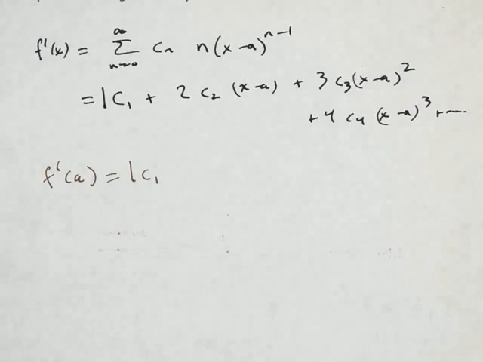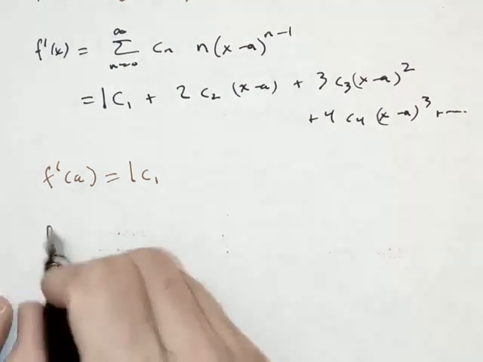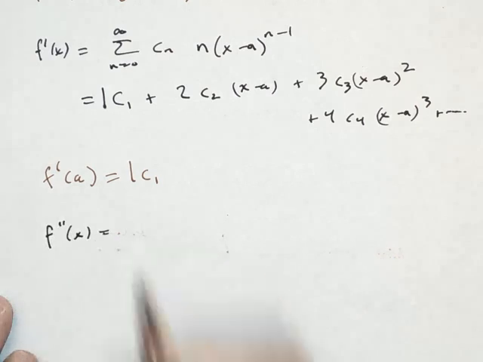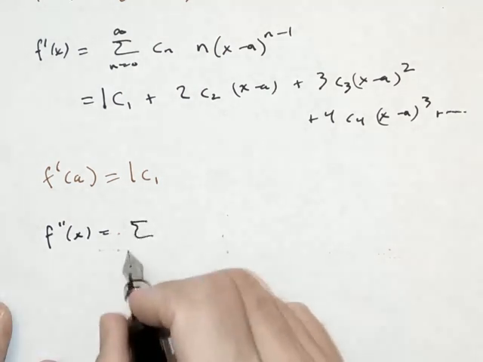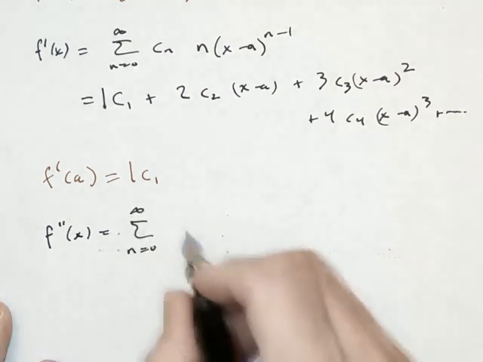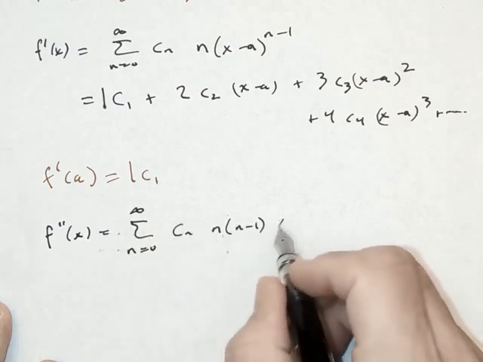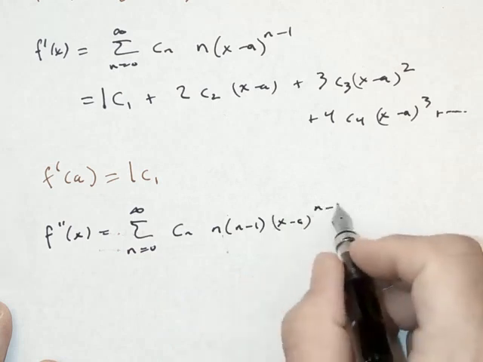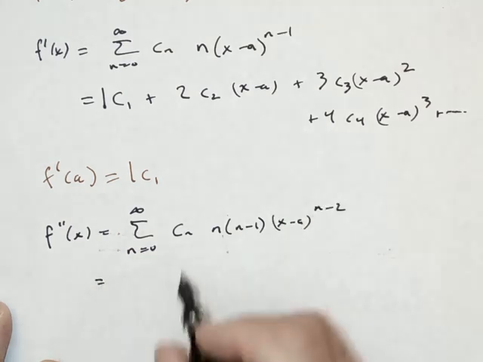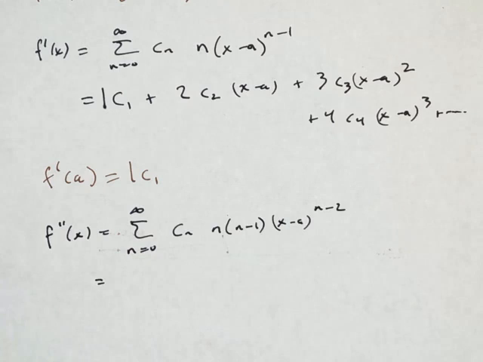Do it again. F double prime. I'm going to use the written out version.